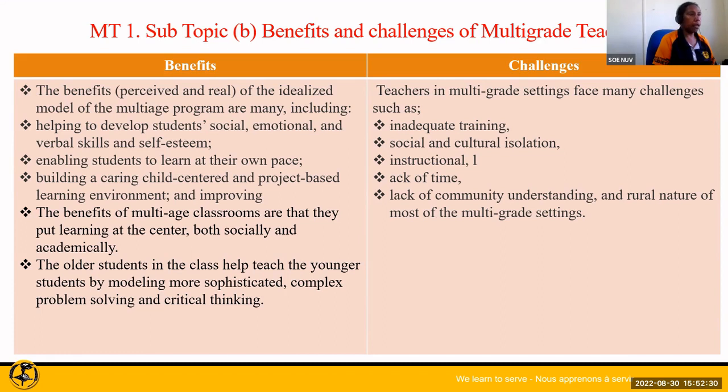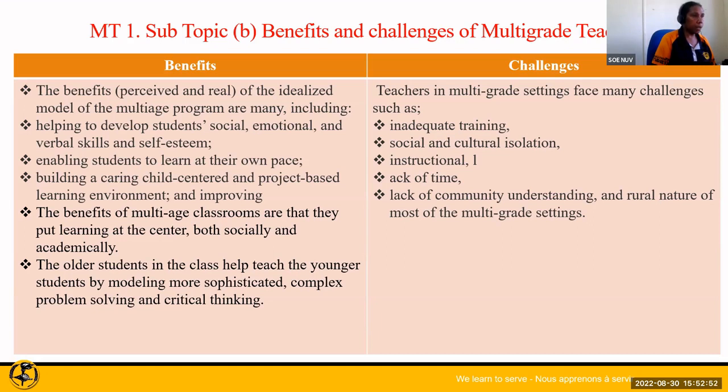The next one is instruction. You have to keep repeating yourself as a teacher. You have to repeat your instruction over and over for one particular year level within the room, and also make sure that routines are carried out accordingly.